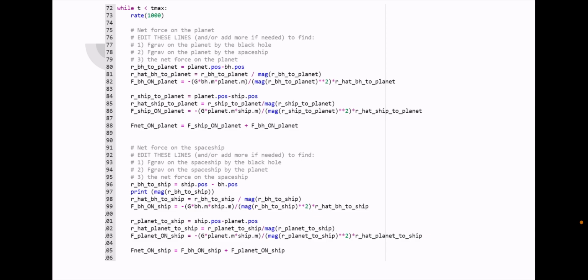The same goes for the other two, the ship and the black hole. It uses the same math, same formulas, everything. And F net is the force from the black hole plus the force from the spaceship. That's important to know.